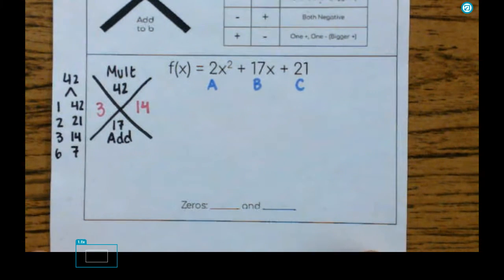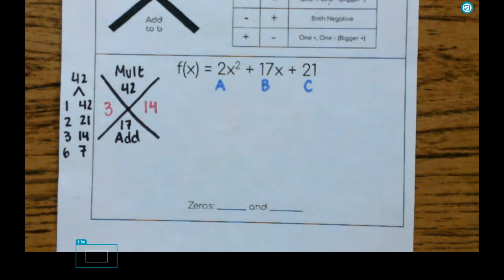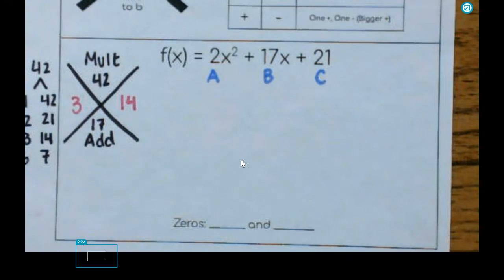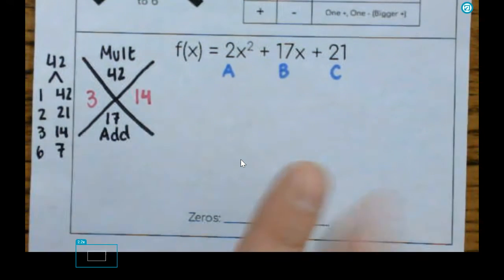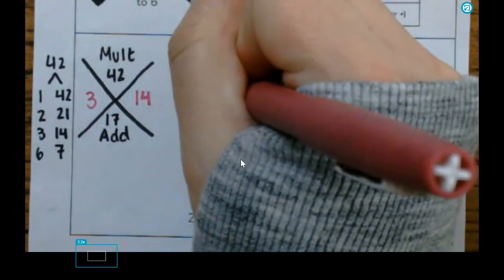So now that I've picked 3 and 14, I am ready for step 2 up there above. Well, they're not labeled, but the second bullet point, which is to split my middle term using those numbers. So now what I'm going to do is I'm going to rewrite my problem, but instead of having 2x squared plus 17x, 2x squared is going to stay the same.